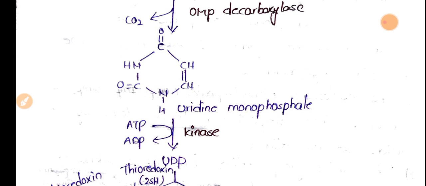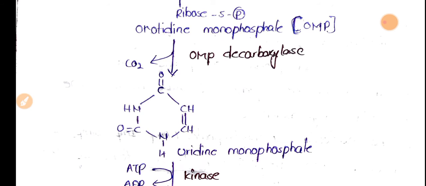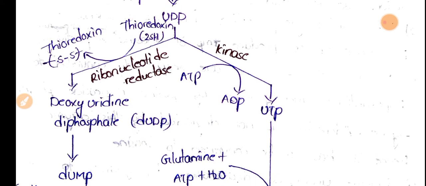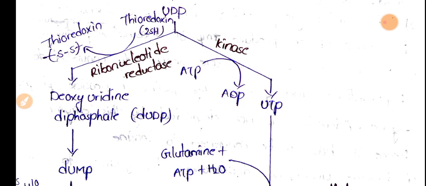Uridine monophosphate is formed by the action of orotidine monophosphate decarboxylase, and it is converted into deoxyuridine diphosphate, that is DUDP, and UTP. Here the enzyme is kinase. Kinase means ATP dependent, and it will transfer a phosphate group to the compound, so there will be an increase in the phosphate groups.